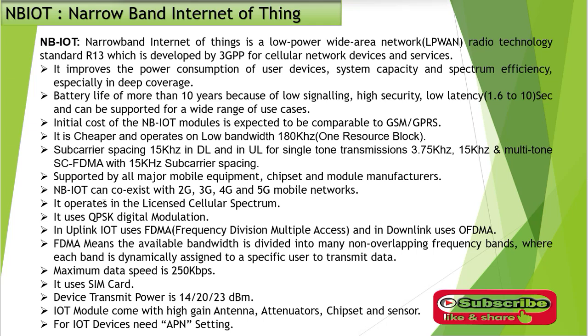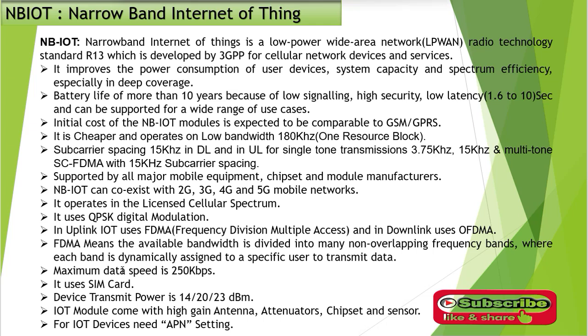In uplink IoT uses FDMA, frequency division multiple access, and in downlink it uses OFDMA, orthogonal frequency division multiple access. FDMA here means the available bandwidth is divided into many non-overlapping frequency bands, where each band is dynamically assigned to a specific user to transmit data.